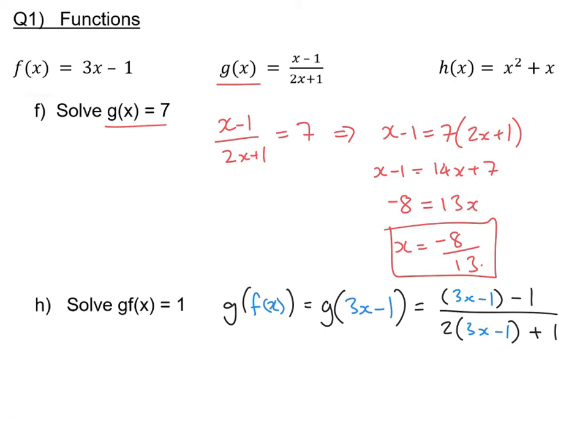If we expand and simplify, we get 3x minus 2 on the top. And our final step is to neaten up the denominator.